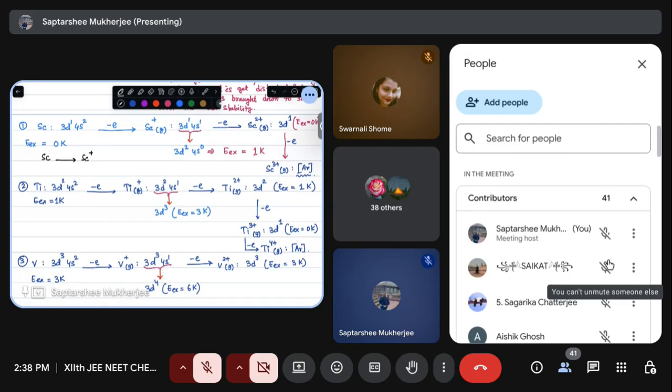Now, from scandium plus to scandium 2 plus. This is first ionization energy. This is second ionization energy. Now, during the first ionization energy, am I gaining exchange energy or losing exchange energy?